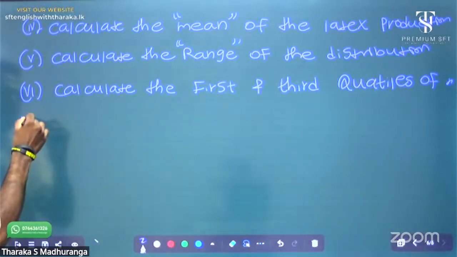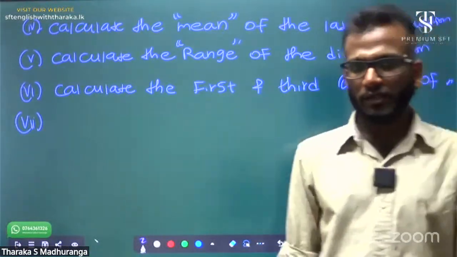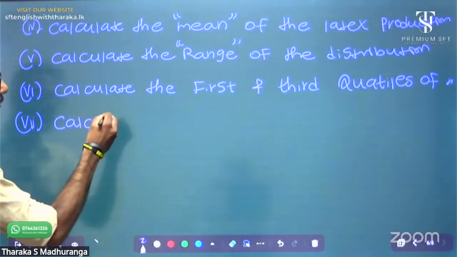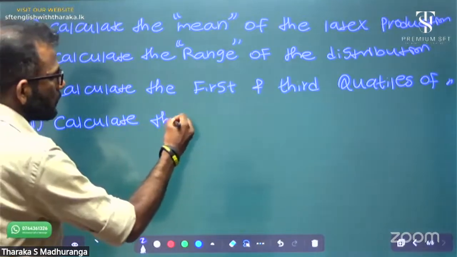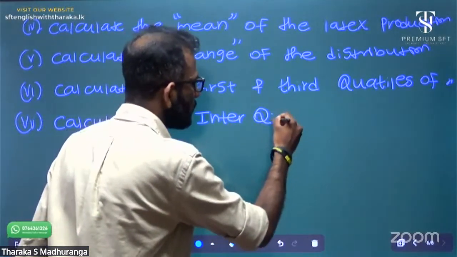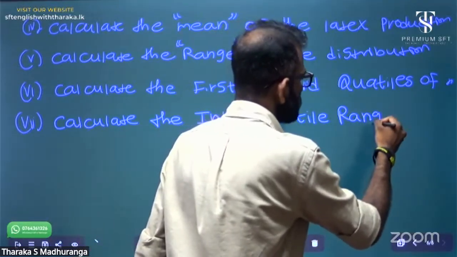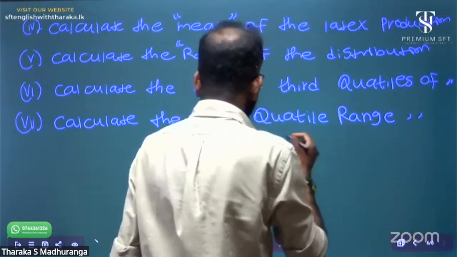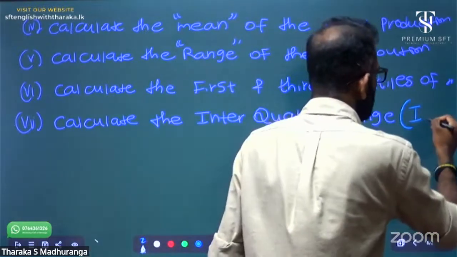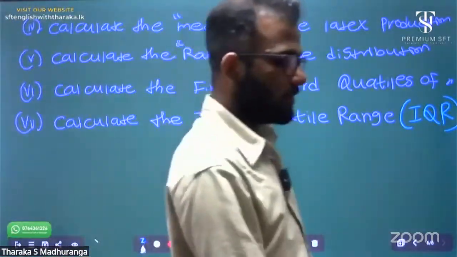Final one, part 7: calculate the interquartile range. Write down clearly, interquartile range of the distribution. Please note down. Okay, interquartile range in short form IQR.